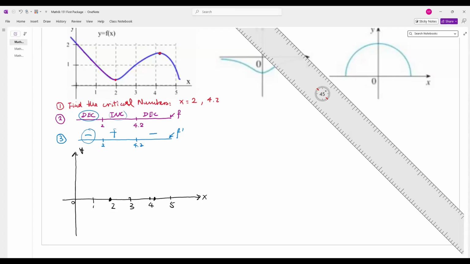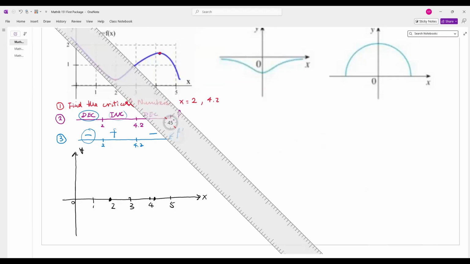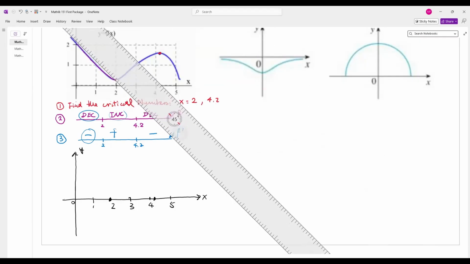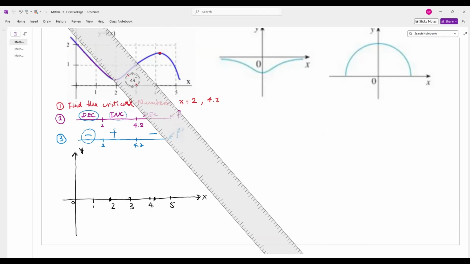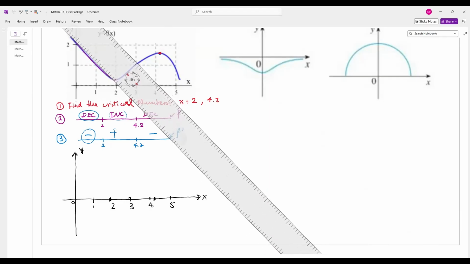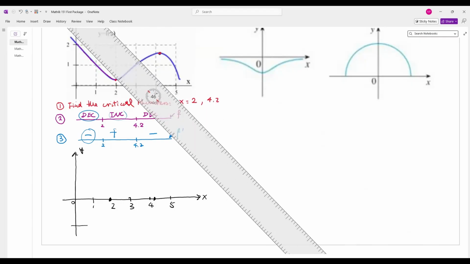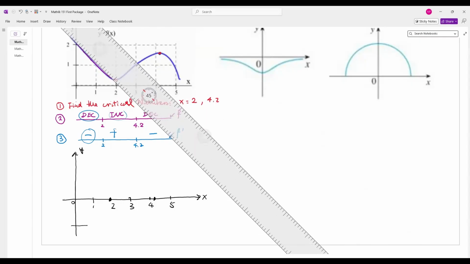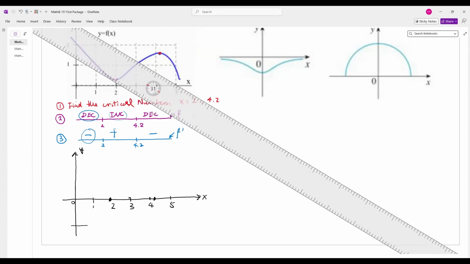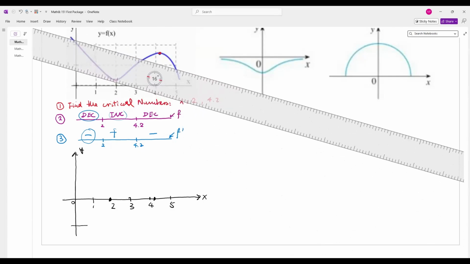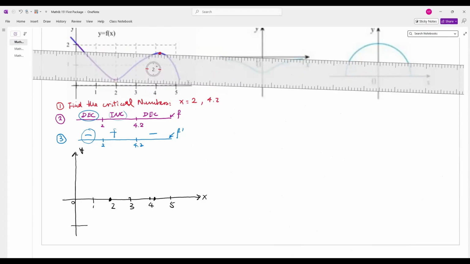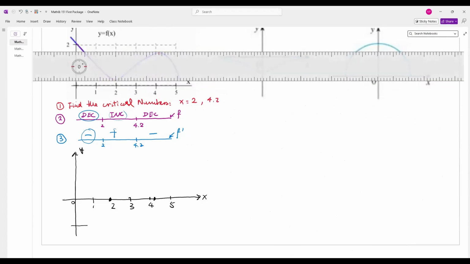Now the graph is below the x-axis, and this part right here is almost like a straight line. So maybe I could draw it this way. It is less negative, less negative, less negative, and then to 0. Like this.